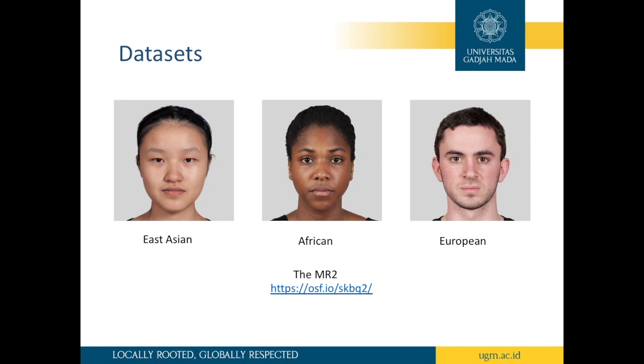People belonging to different ethnic categories will have distinguished features, and for this program we will classify them into three different races, which are East Asian, African, and European.